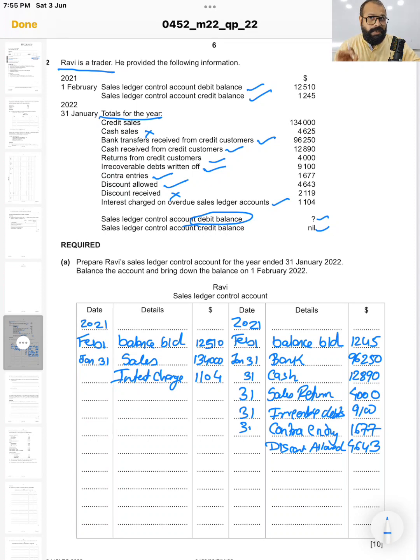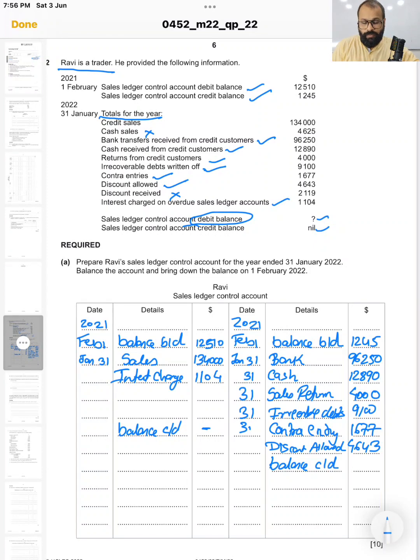Debit balance means balance on the credit side. The balance on this side is nil, 0. I need to find the balance on the credit side. The wordings are like this, so I need to find this out.